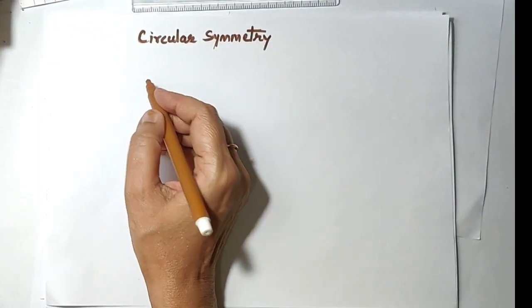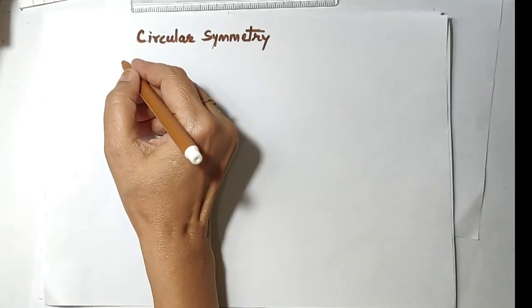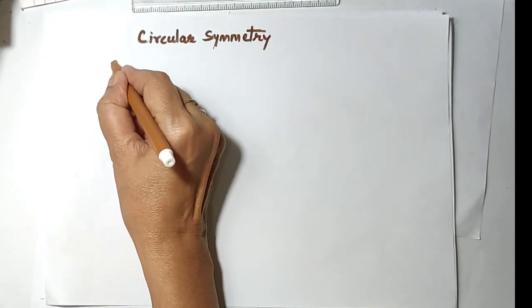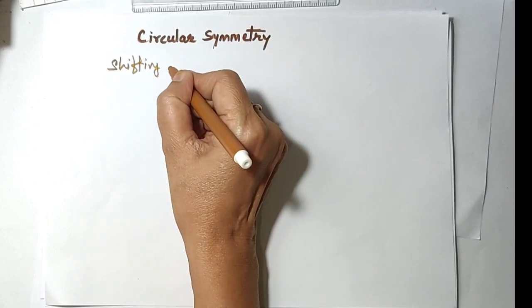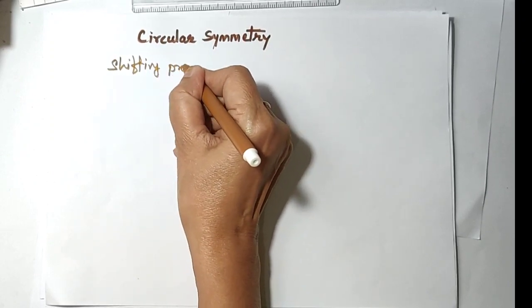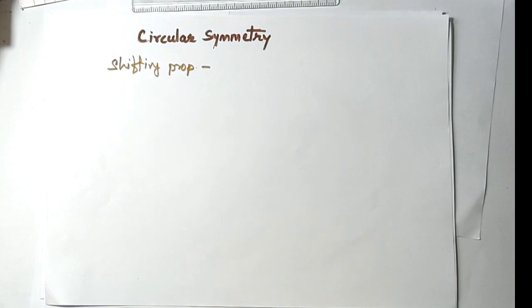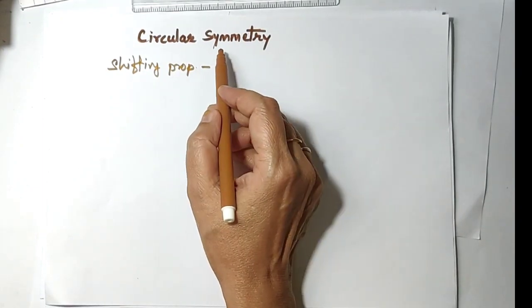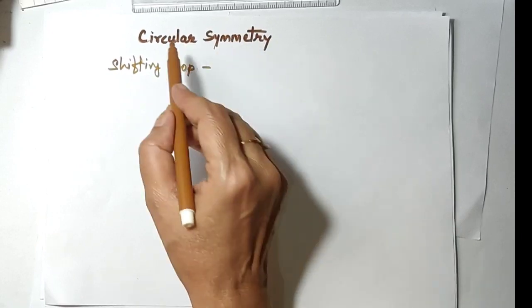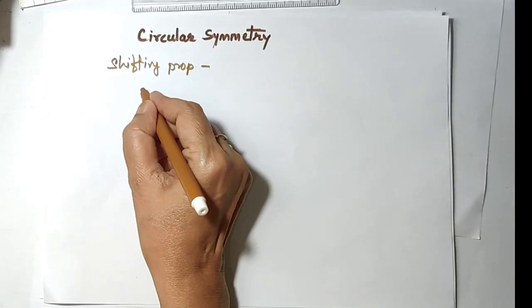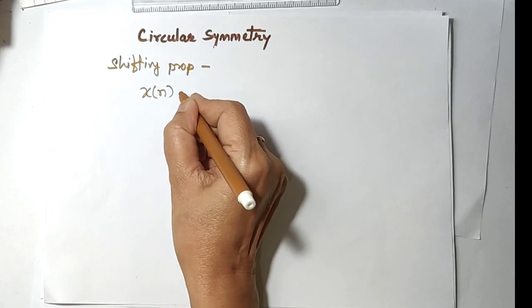We can see that the symmetry property depends absolutely on the shifting of the sequences. So the shifting property is there, that is how we do the shifting for making the symmetry, and why the symmetry is circular, we'll see later on.